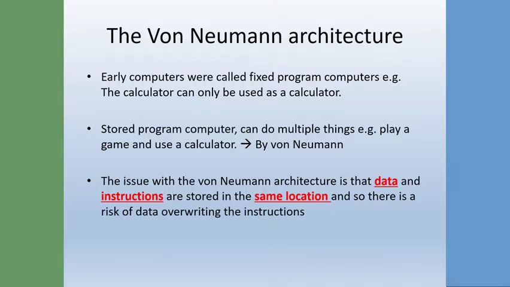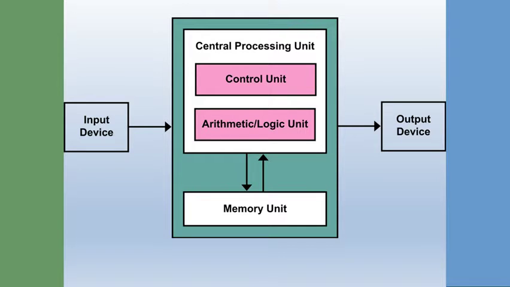Okay, so the von Neumann architecture, here's an example diagram. So we have our input devices, as we just explained, keyboards, mice, etc. That data is inputted into our main computer system in the middle, and then we have some outputs here on the right hand side. That's displays or printing or some other kind of output from our system.